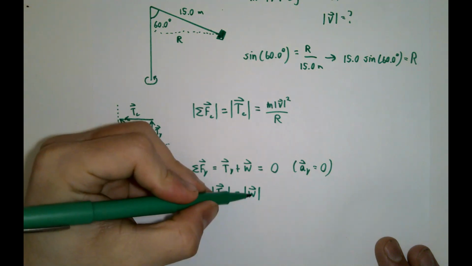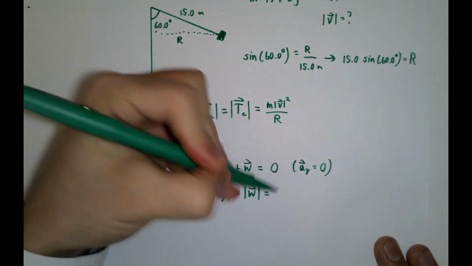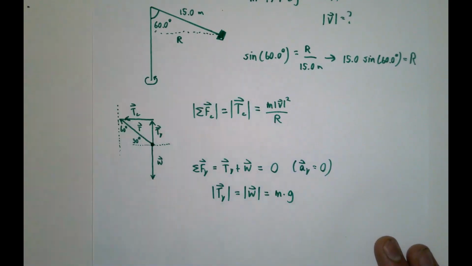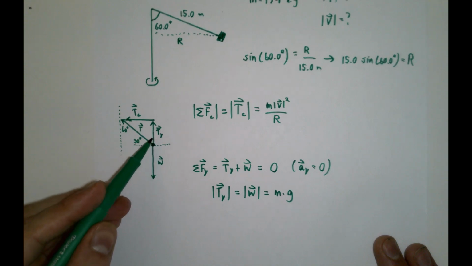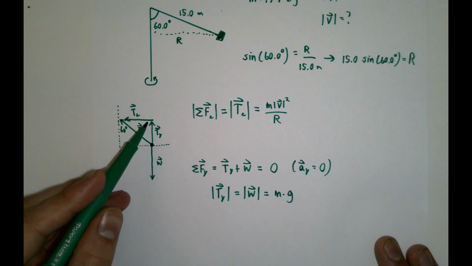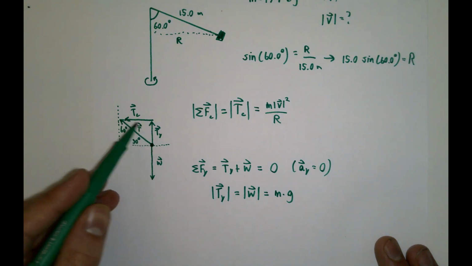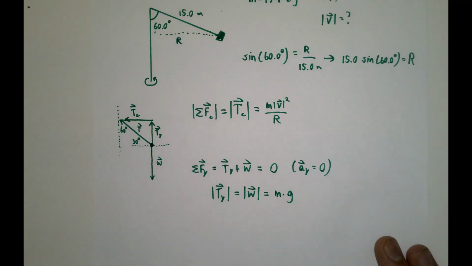That's great. That's a lot of good news because this weight I know I can calculate because I have the mass and I know the gravitational field, so I'll be able to find the tension in y. If I find tension in y, remember if I go back here, now I have one side of this vector triangle. I should be able to find this other side of the vector triangle because I'd have the magnitude of one side and an angle within the triangle. Okay.